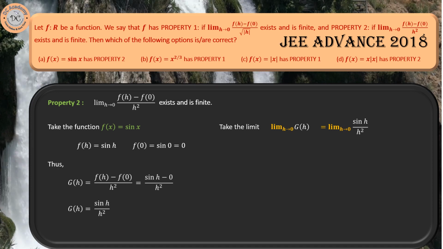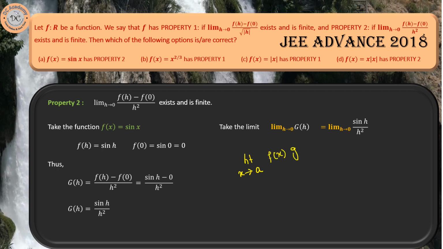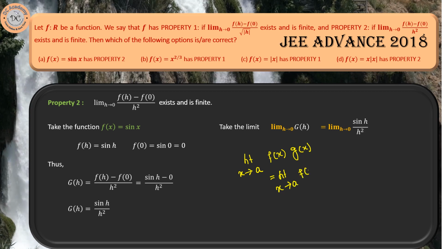Here we recall one property: the limit as x tends to a of the product f(x) and g(x) can be rewritten as the limit of f(x) multiplied by the limit of g(x).